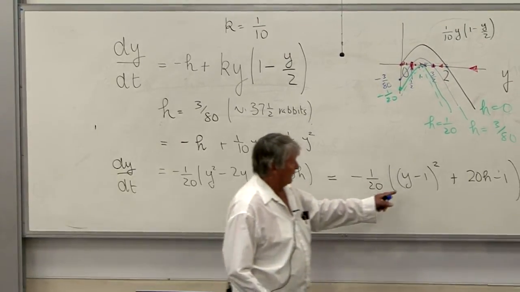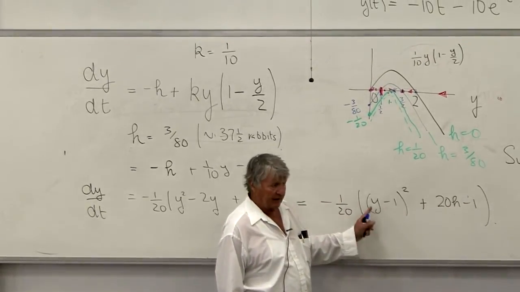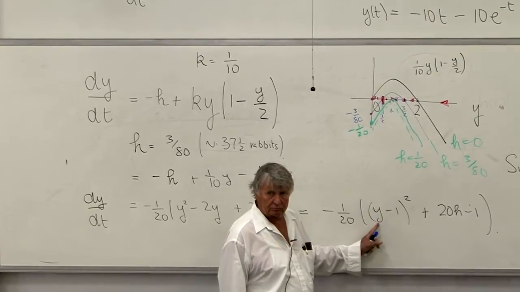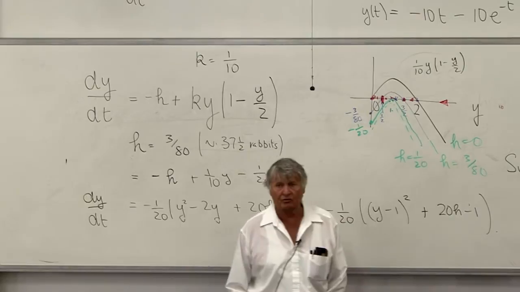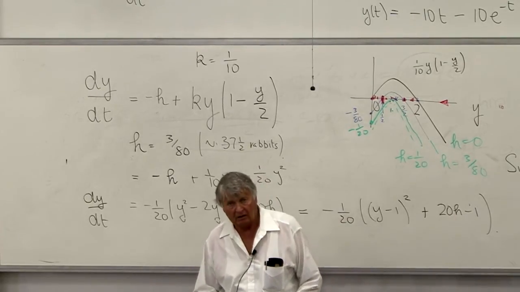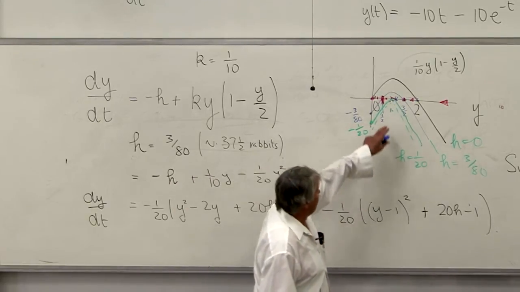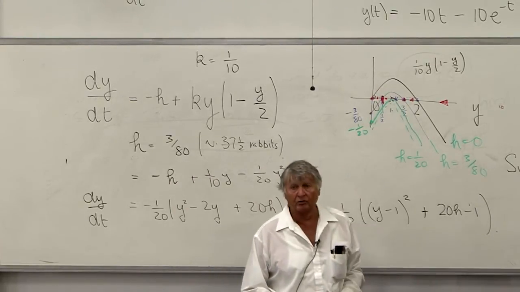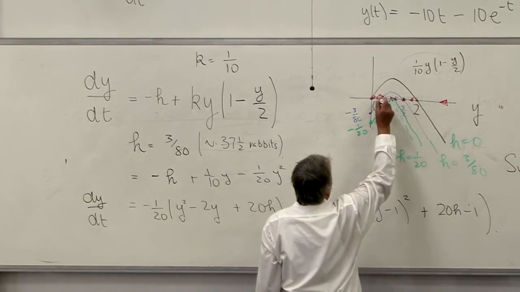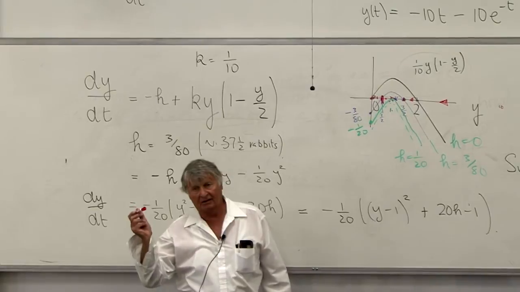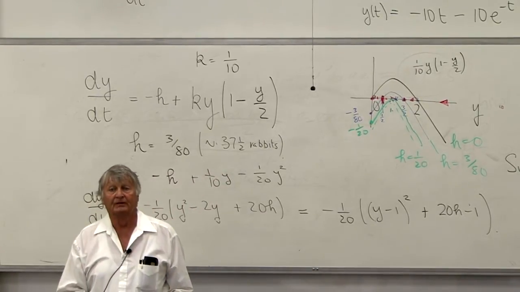So if this is less than 0, I can certainly find two roots. y minus 1 is plus or minus the square root of that. If 20h minus 1 is greater than 0, I cannot find real roots anymore. And that means that the graph has come down below the axis, which tells me that at any point y, dy by dt is negative, and the population of rabbits will decrease forever.